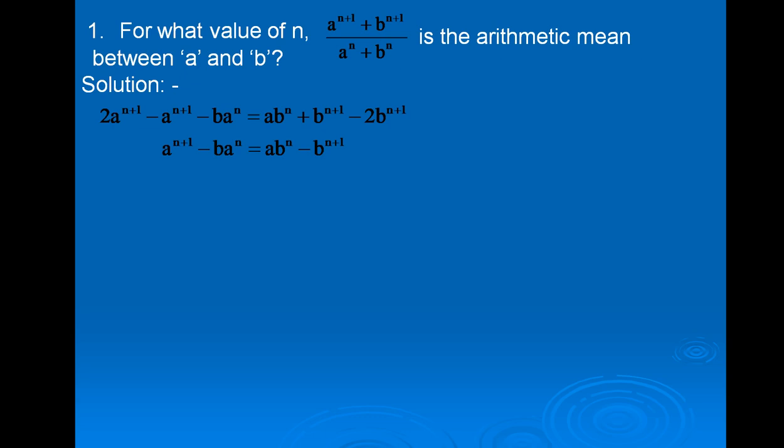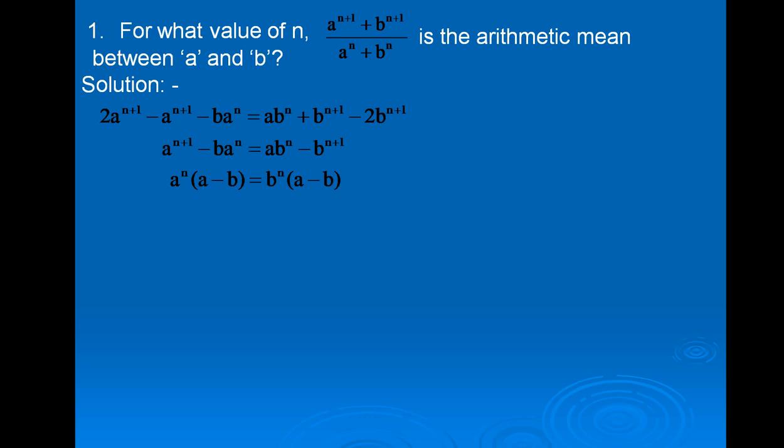Now in the left hand side, take a^n common, so we get a^n (a minus b) equals, taking b^n common in the right hand side, b^n (a minus b).